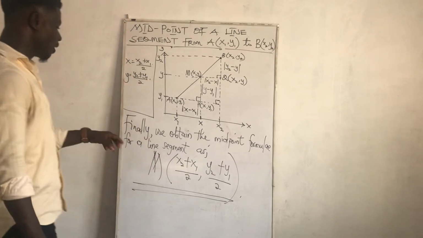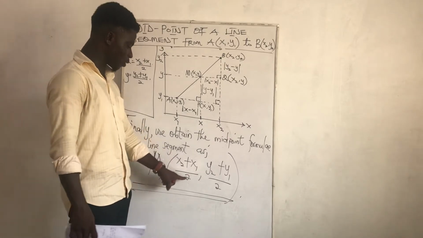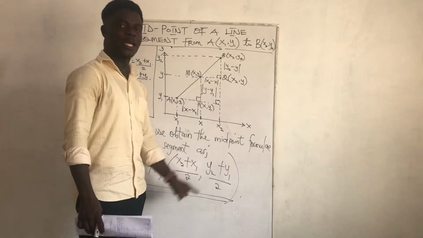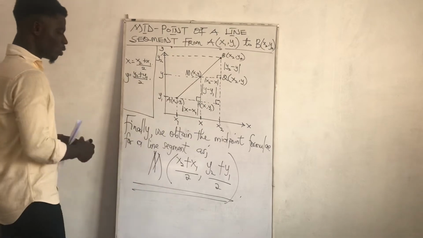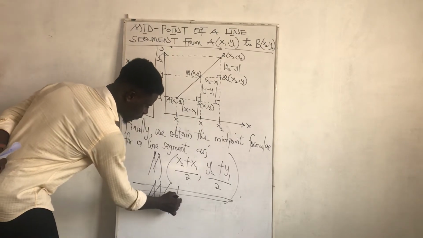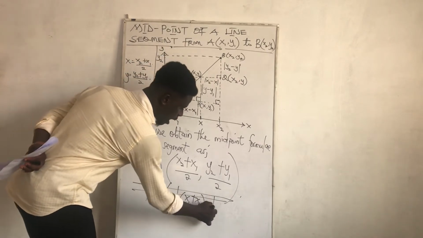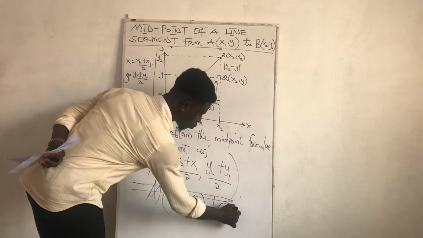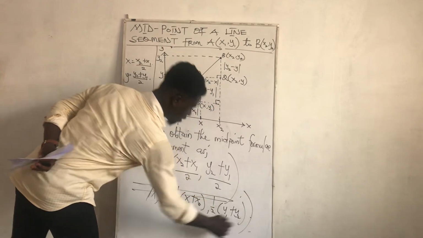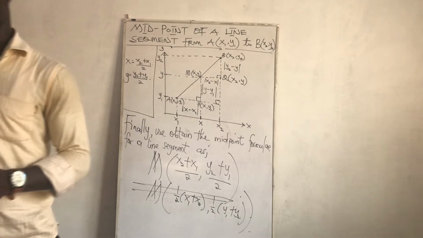So that's the midpoint formula. It gives us x2 plus x1 all on 2, then y2 plus y1 all on 2. You can see in other books the midpoint formula as half x1 plus x2, comma, then half y1 plus y2. It's the same thing as that. That's correct. So kindly watch it very carefully.